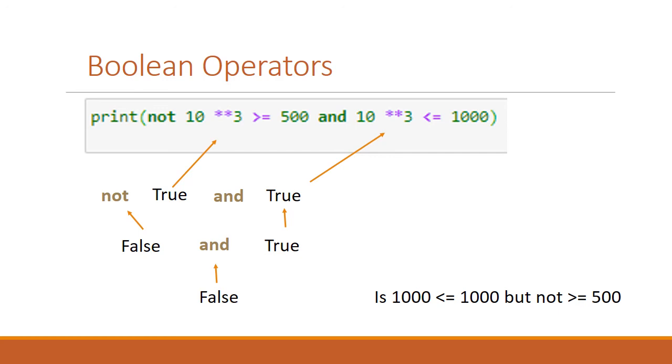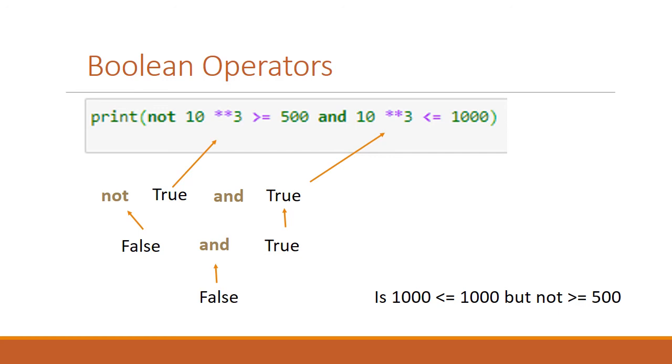Next, the relational operators are evaluated. So we have 1000 greater than or equal to 500 is true, and we have 1000 less than or equal to 1000 is true. So now we have the expression not true and true. The next operator that's evaluated is the not operator.